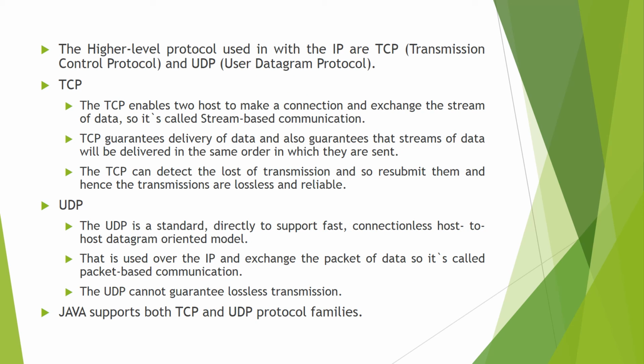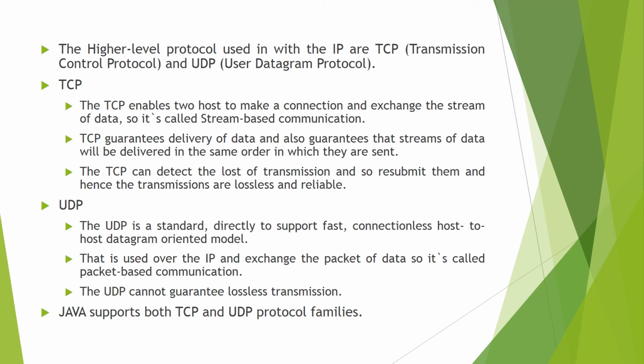The high-level protocols used over IP are TCP, that is Transmission Control Protocol, and UDP, User Datagram Protocol. Let's see TCP. TCP enables two hosts to make a connection and exchange a stream of data. So, it's called stream-based communication.